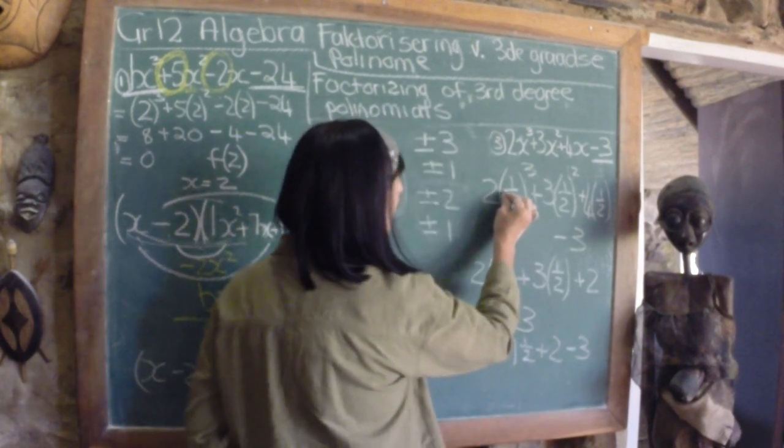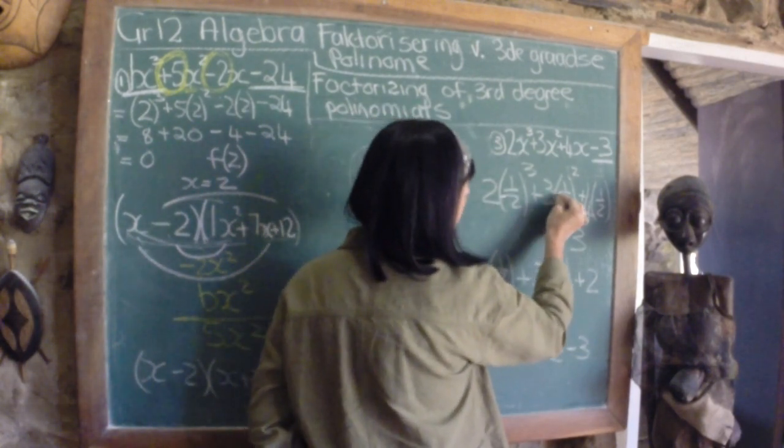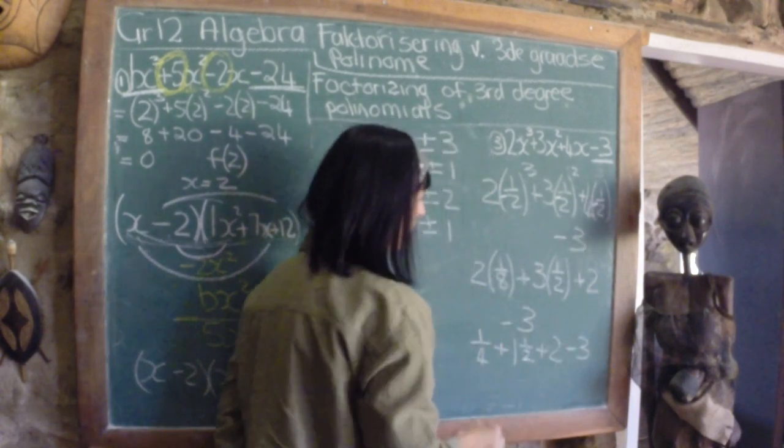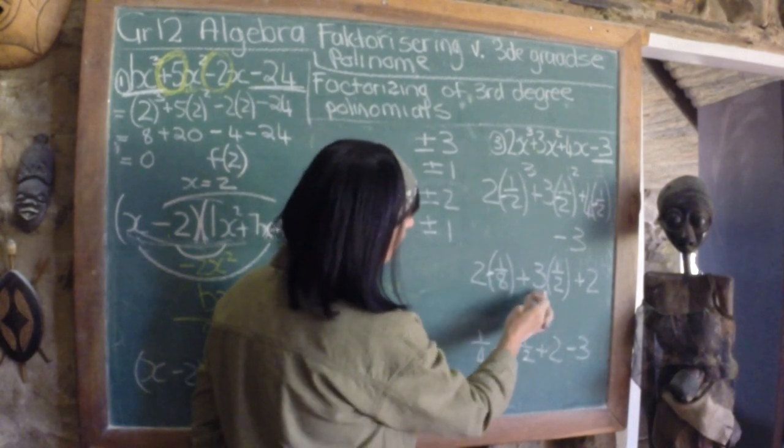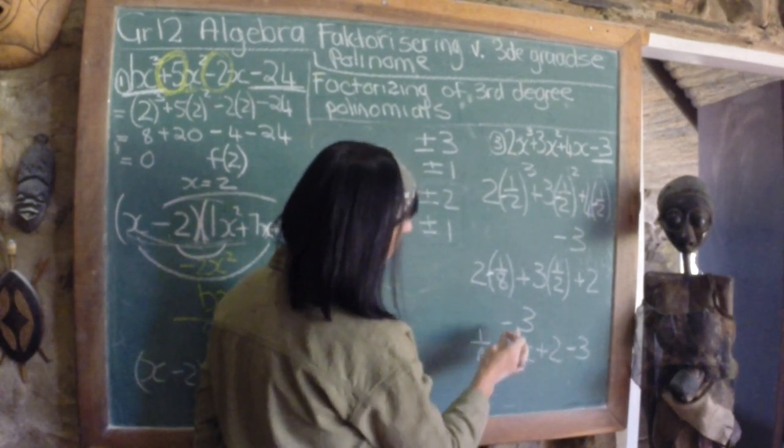So let's try minus a half. Let's substitute minus a half. So minus a half is going to be minus 1 on 8. That's going to still be a quarter.